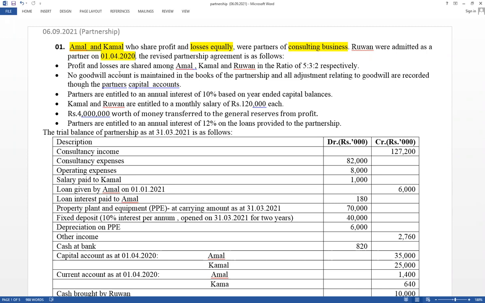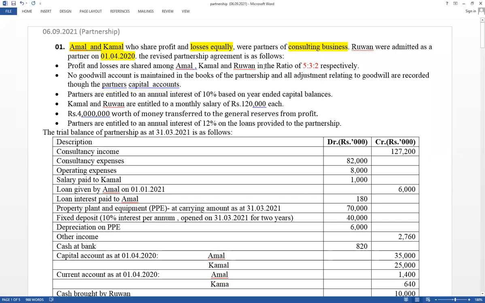All three partners are available during the economic period. Think about the new agreements. It has given the profit and loss share among Amal, Kamal, and Rohan. The ratio is given as 5:3:2. This is the new profit sharing ratio. It is relevant for the goodwill adjustment as well as the profit appropriation part. Profit share is calculated by using the new profit sharing ratio.